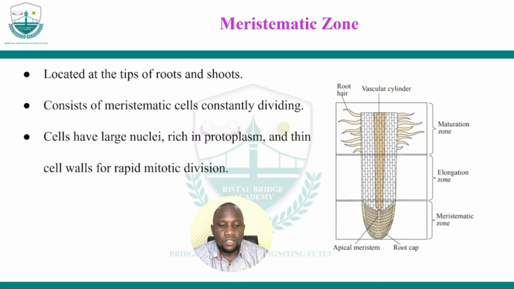Okay, so the characteristics are that these cells have large nuclei and they are rich in protoplasm. They have a thin cell wall, and this is important for rapid division.